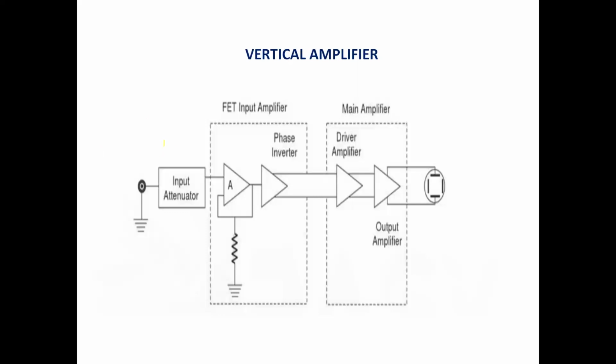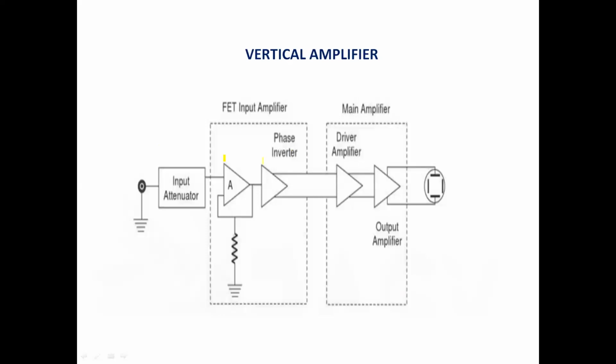The vertical amplifier consists of several stages: an input attenuator stage, next a FET amplifier stage, and a BJT emitter follower stage. The FET amplifier stage consists of an amplifier to provide gain and stability, and the function of the input attenuator is to fit the waveform onto the screen of the CRO.